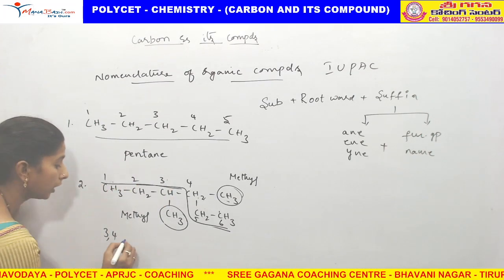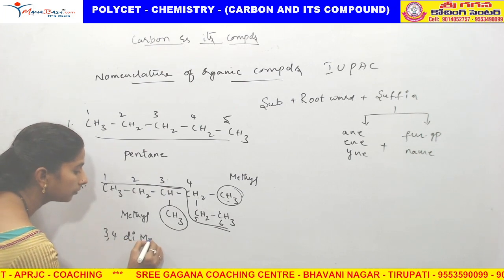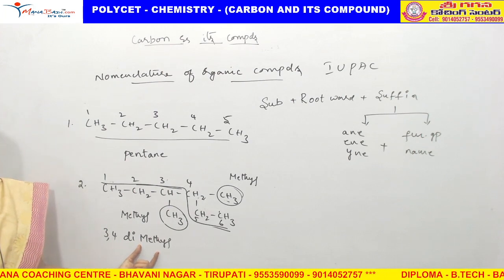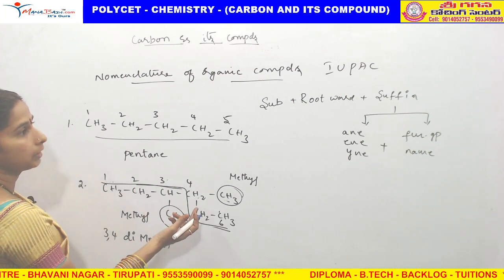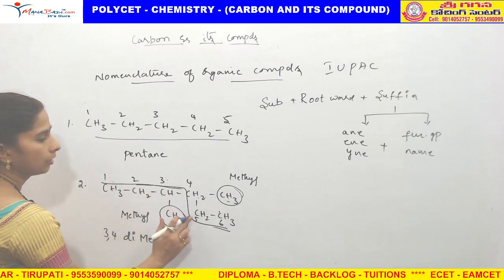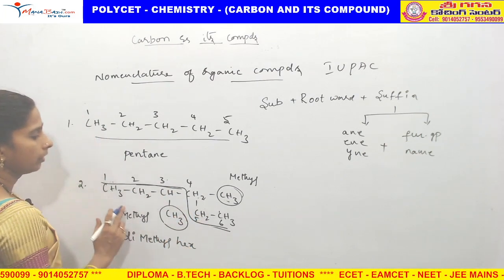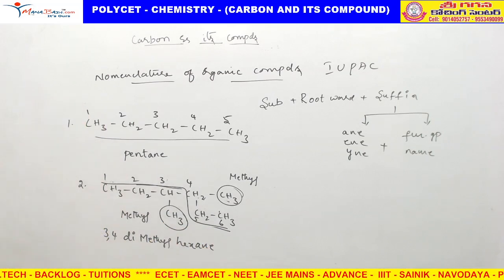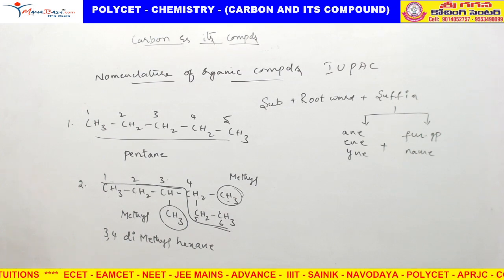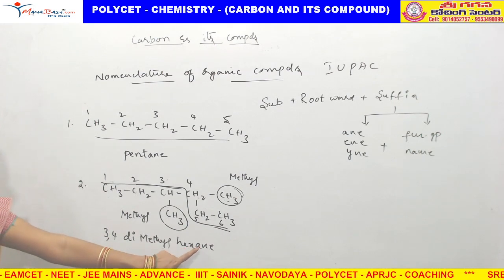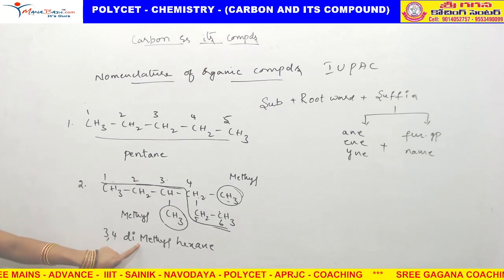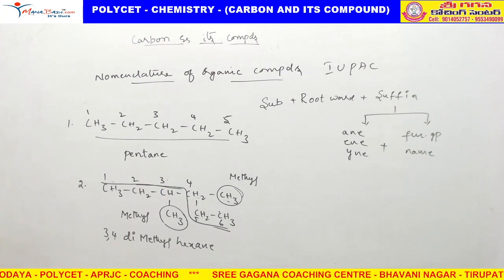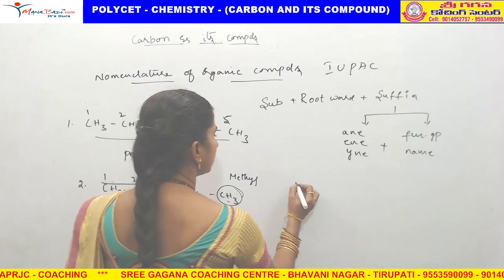Two methyl groups we call dimethyl. After that, any other? No. 6 carbons: hex, and ane. Hexane. That is the name of this compound: 3,4-dimethylhexane. Hexane means 6 carbons, all single bonds. Two methyl groups, dimethyl, at the 3rd and 4th position. Is that correct? Right. Another one, third example.